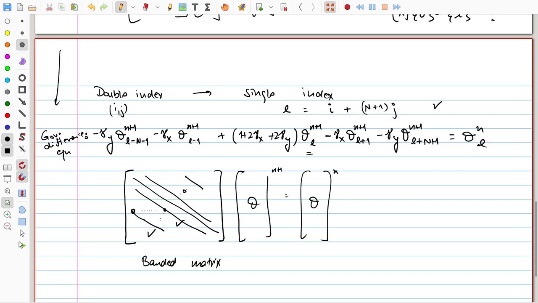We don't call it pentadiagonal. Pentadiagonal would actually mean that you have 1, 2, 3, 4, 5 all contiguously, but here we have a jump. So Gaussian elimination will not work for us. Well, you can use it, but it's not as effective as in 1D.